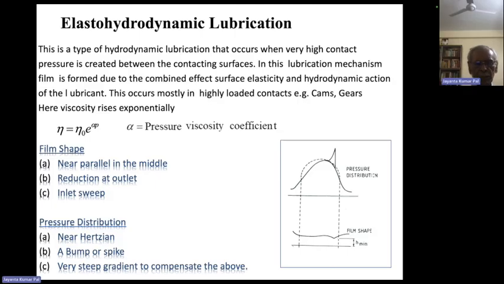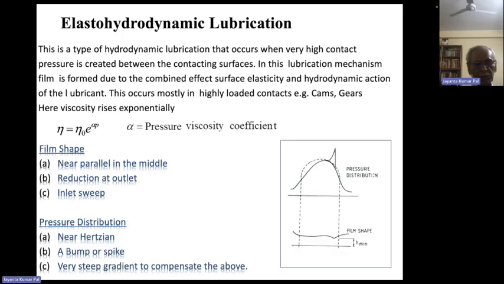This usually occurs where there is a very high contact pressure, for example, gear, cam, tappets, and very highly loaded other contacts. Here the surface elasticity is important, and hydrodynamic action obviously will be dictated by viscosity, load, speed, and other parameters.